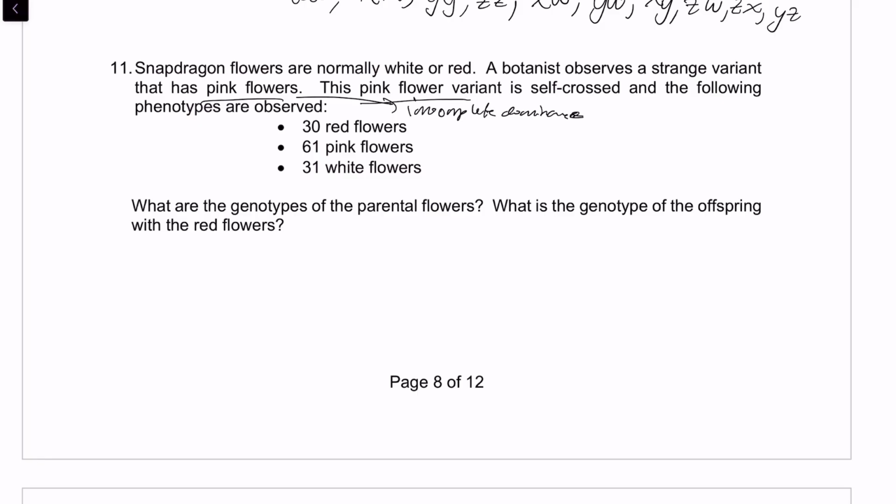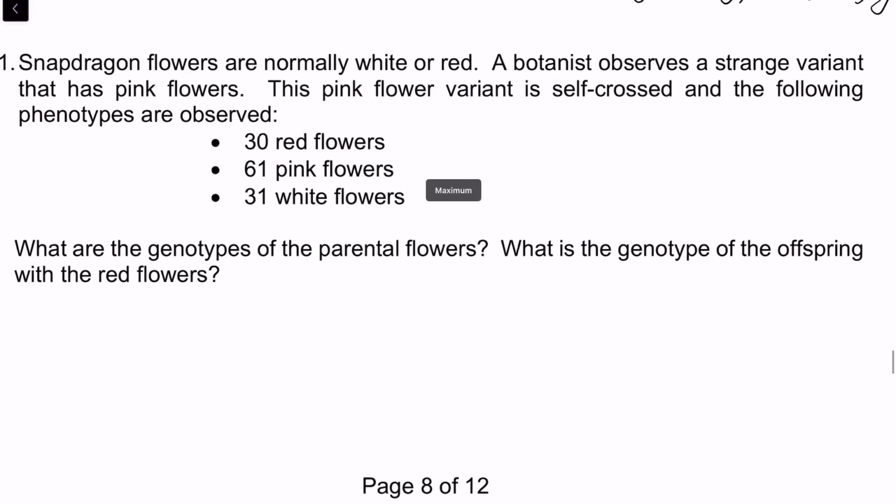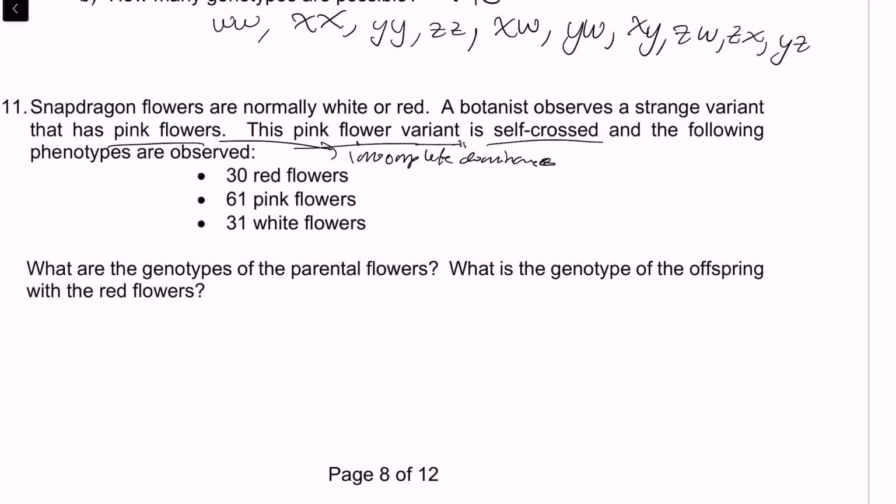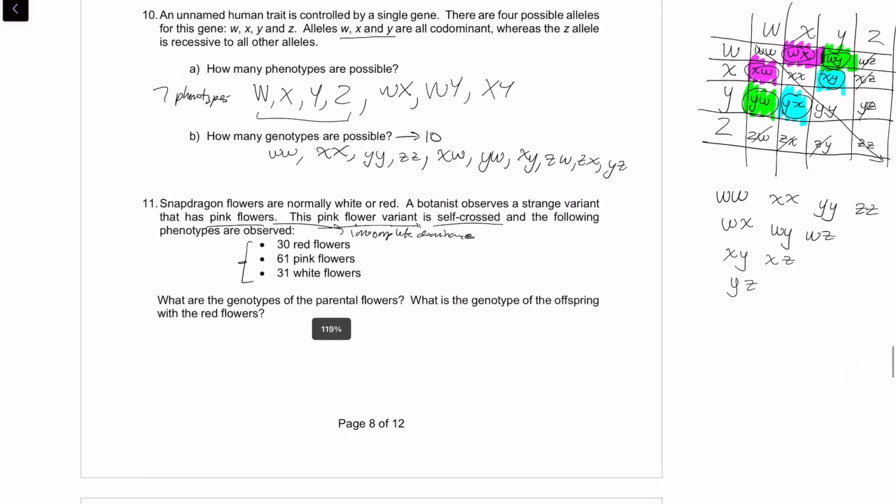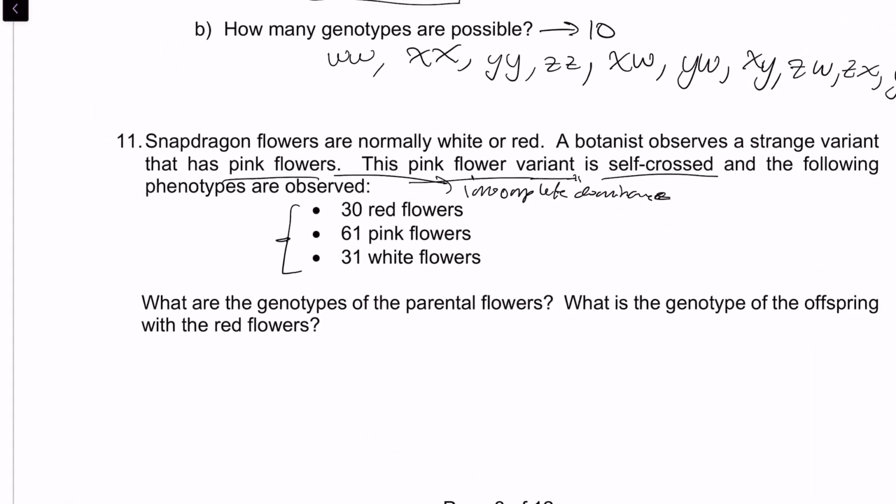So if the pink flower variant, so the two heterozygotes, are self-crossed, that's what is meant by two heterozygotes, and the following phenotypes are observed, which we have, as we can tell here, just from a wide scope perspective, that 1 to 2 to 1 ratio.